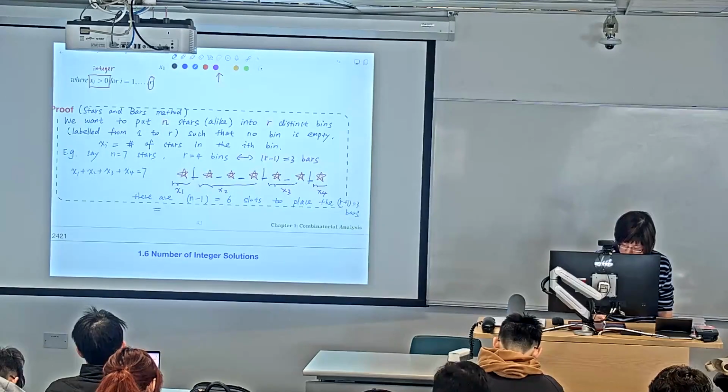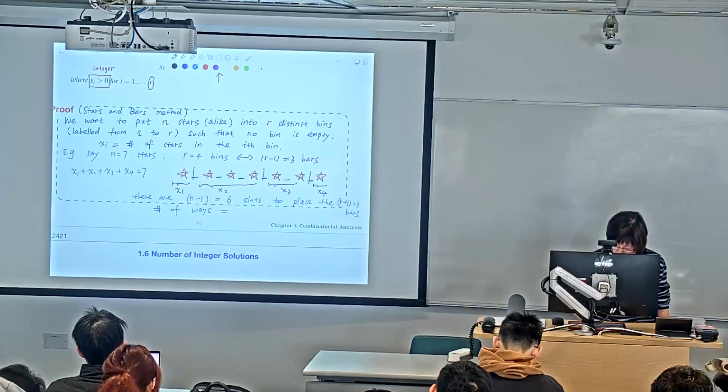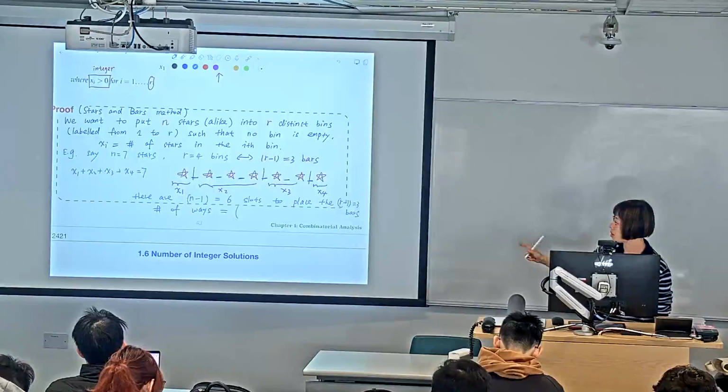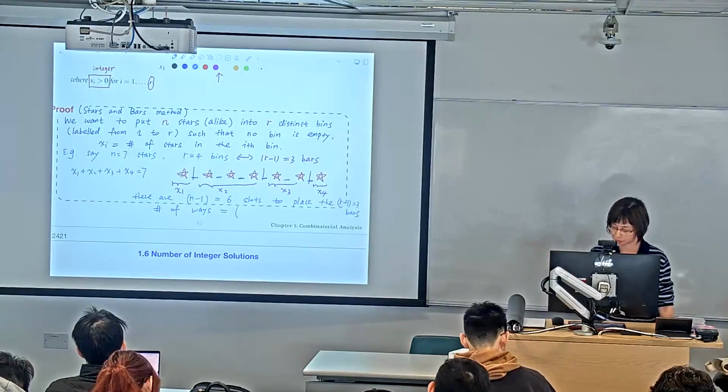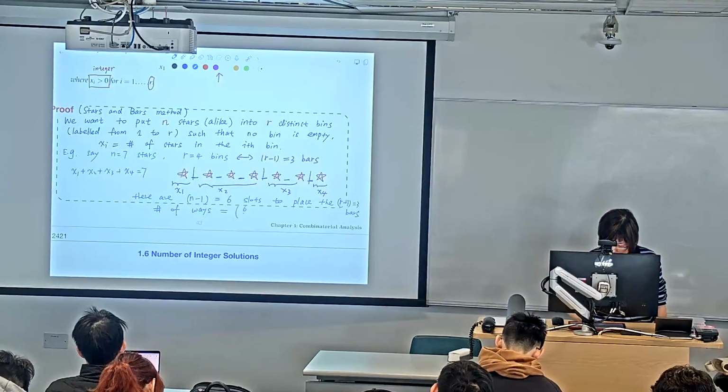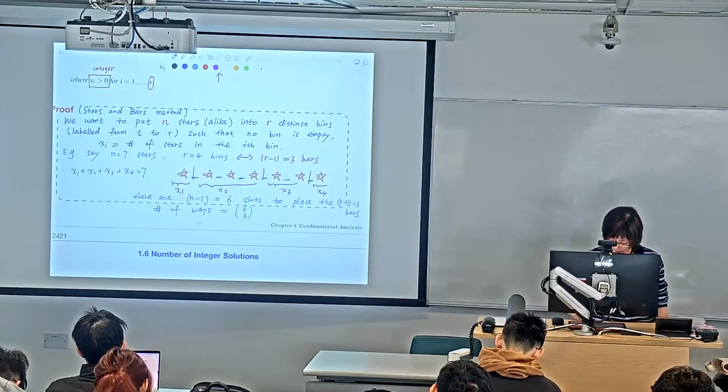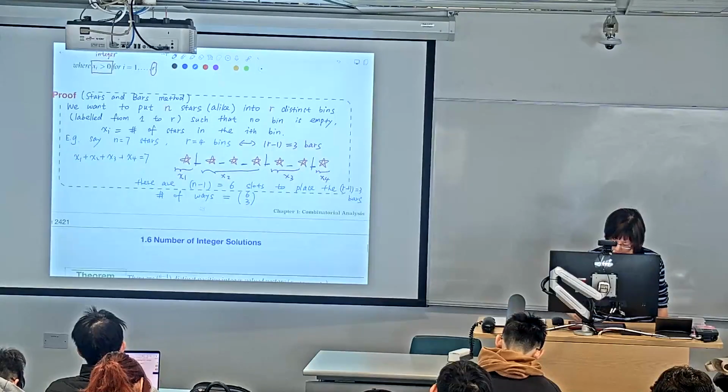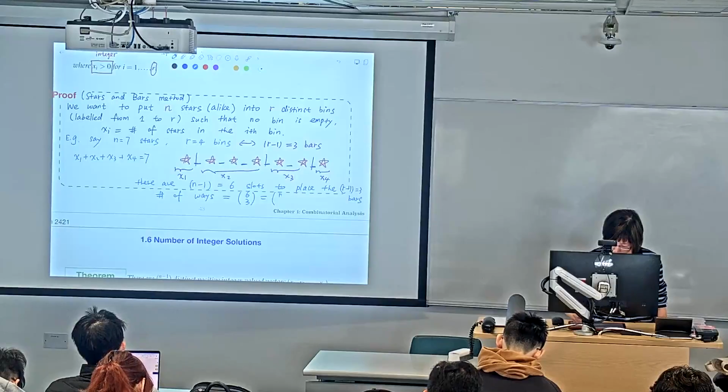The number of ways is how many ways we can choose 3 slots out of 6 slots. So 6 choose 3, which is n minus 1 choose r minus 1.